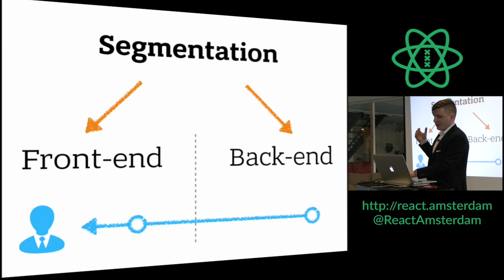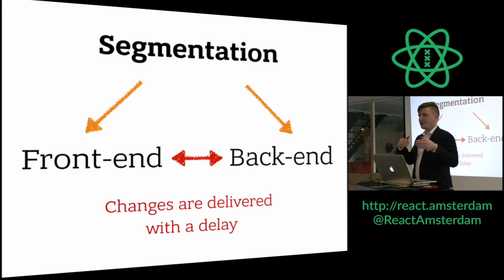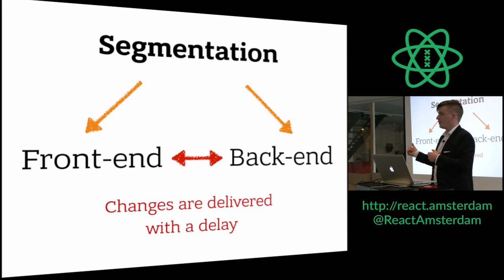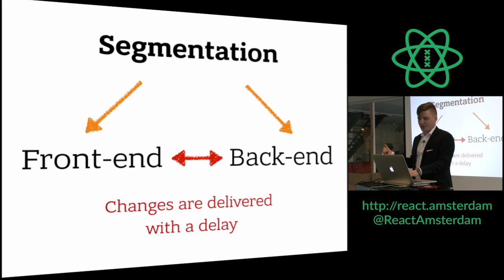So it was good, but over time we found that changes are delivered with a delay because, for example, you can make some things in the front end, but the backend API is not ready for your changes. Maybe somebody has experienced this.